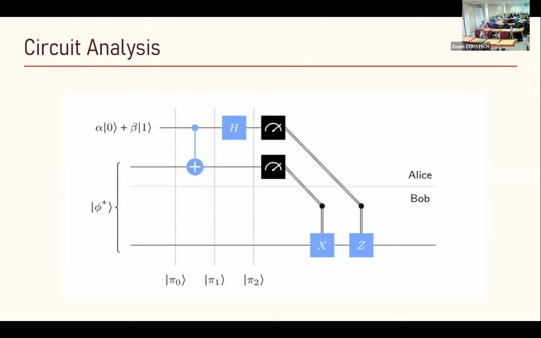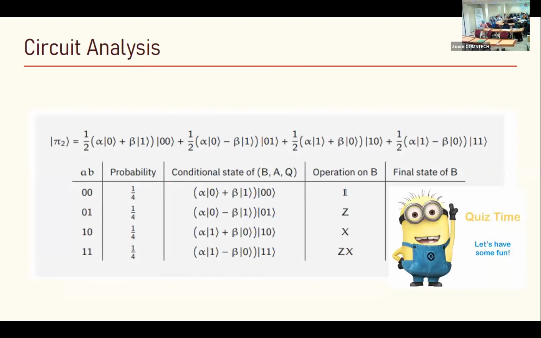Original answer? Okay. So we had this value with the probability of 1 by 4 because of the half that we got, and this is the value left. Since we're not applying anything on this, no operation will be applied, and the output that we attain is alpha ket 0 plus beta ket 1.